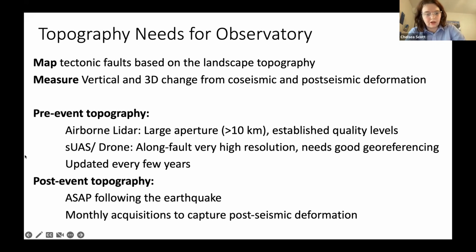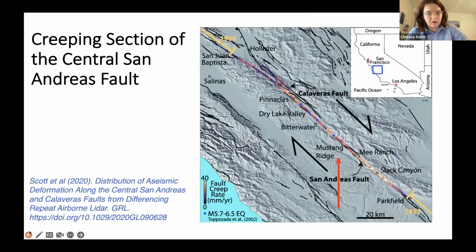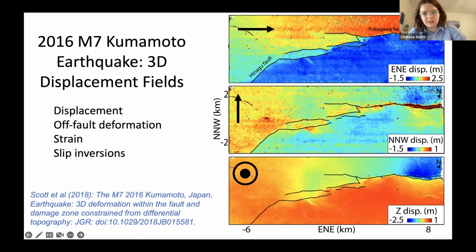Yes, so for example, you can see here, looking at these maps for the Kumamoto earthquake, that there is significant off-fault deformation, particularly visible in the vertical displacement. And so, yes, topographic differencing can certainly be used to capture warping and quantify the off-fault deformation.